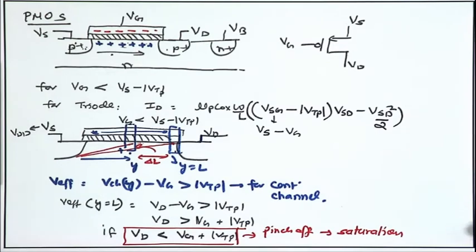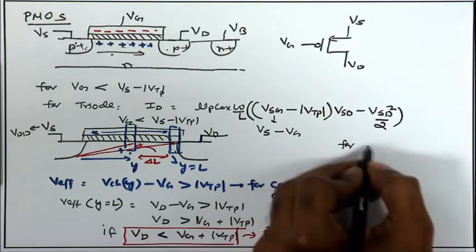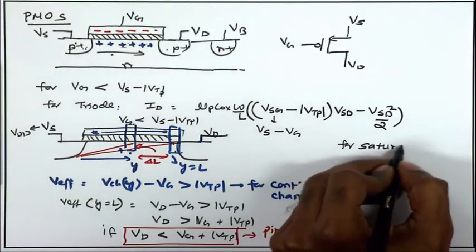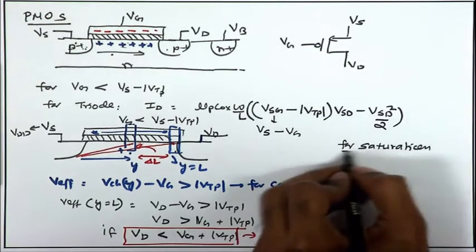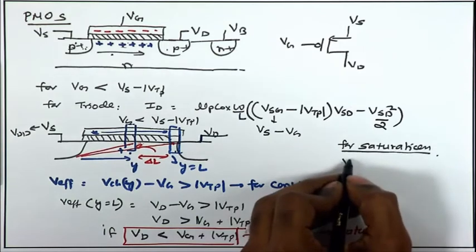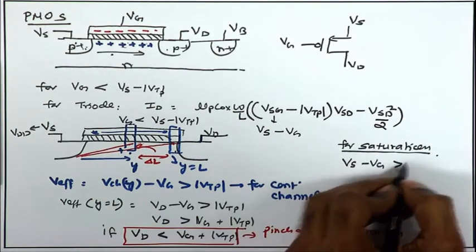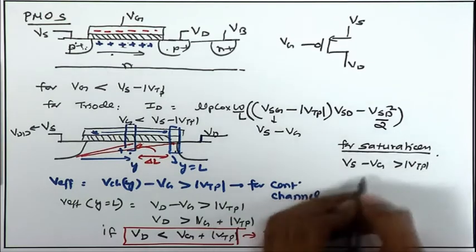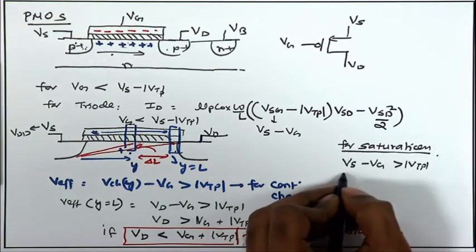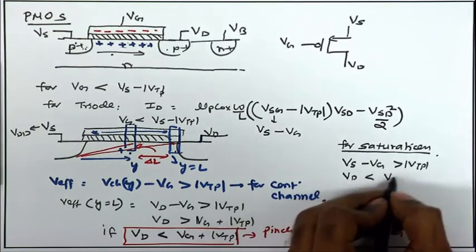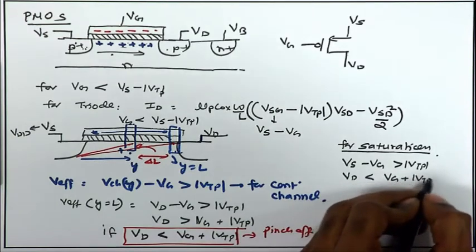So, for the PMOS, in order to have saturation region operation, there are two conditions. Vs minus Vg should be greater than mod Vtp, and Vd should be less than Vg plus mod Vtp.